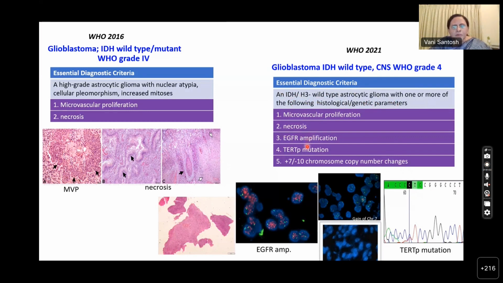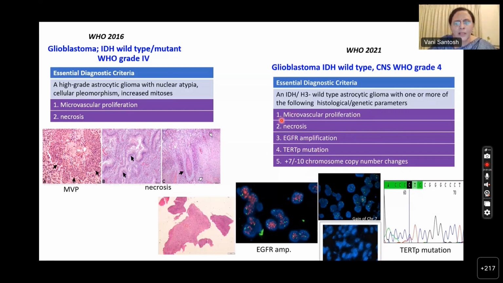If it harbors any of these molecular alterations, note it down for those who don't know: EGFR amplification, TERT promoter mutation, gain of chromosome 7 and loss of chromosome 10 copy numbers. If any one of them or more are positive, even then it is a glioblastoma, IDH wild type.